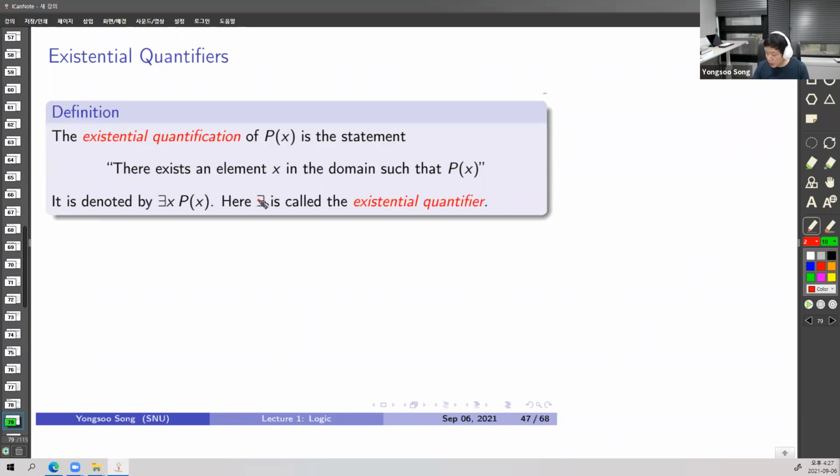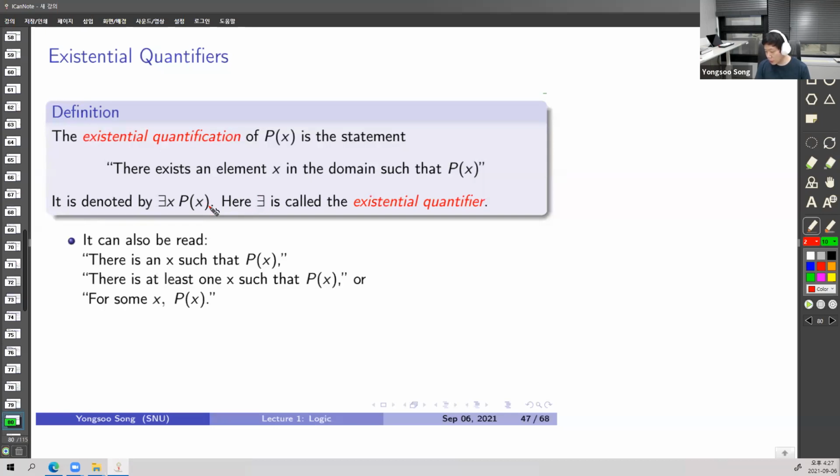This is denoted like this, and it is called the existential quantifier. The whole proposition is written like this. It means that there exists an element x such that P(x) is true. Yeah, there is at least one x such that P(x), or for some x, P(x) is true.